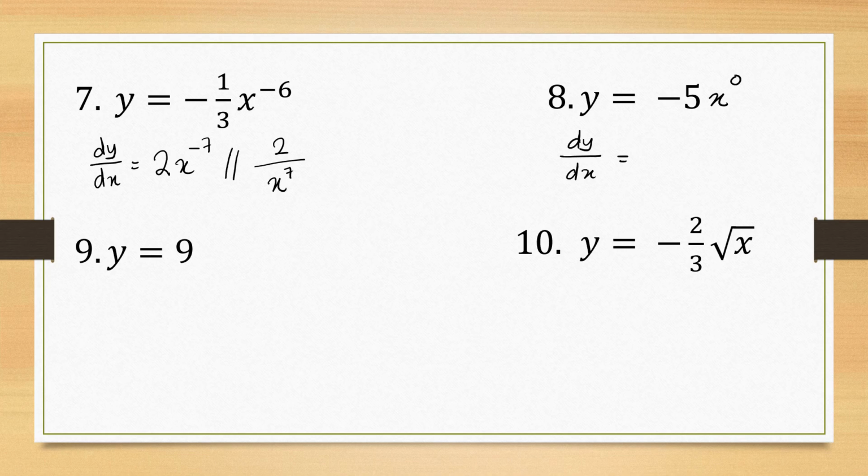So if you do the differentiation, 0 multiplied by negative 5, you will get 0. So automatically, when you are given an equation of y in terms of x but there is no x and you have to differentiate, the answer is automatically equal to 0.